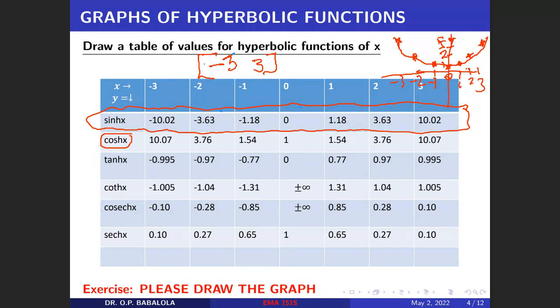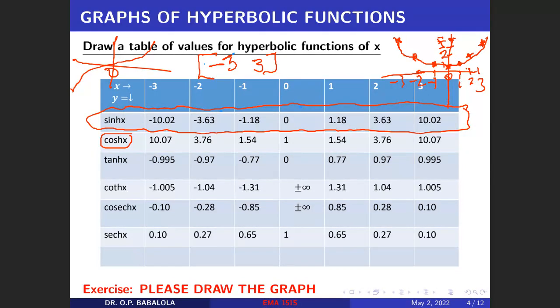And when you're done sketching for sinh x, you see in its own case, it has a curve around 0. It extends to the negative side. So your graph should be looking like this for sinh. Remember, this is 0. It comes like this and goes like this to the negative side.